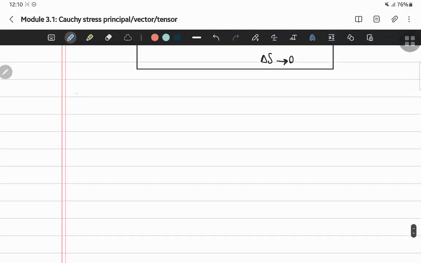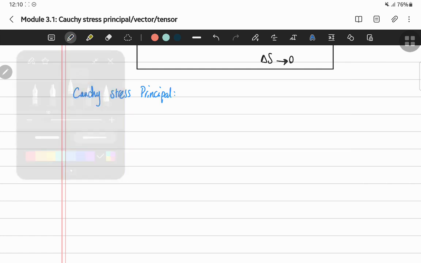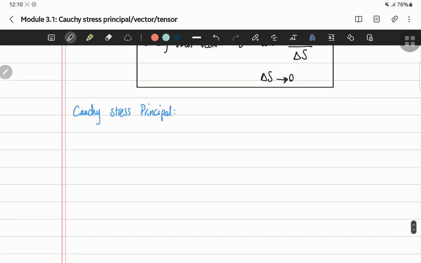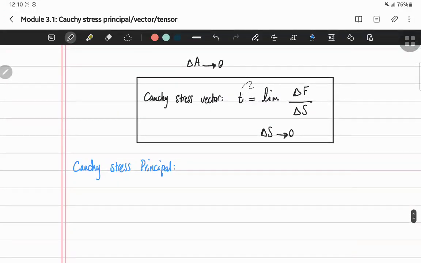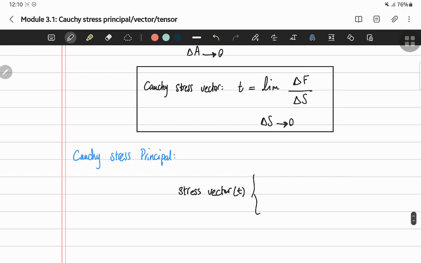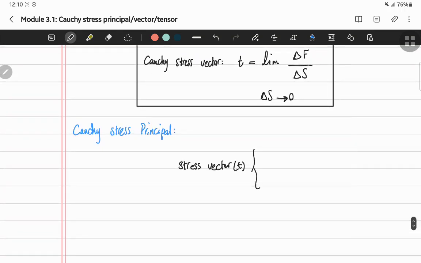Now, here we are at the Cauchy stress principle. So basically, in Cauchy stress principle, we say that this T, this stress vector, depends at a point, let's say at a point P, right? So we have a position and at time t.